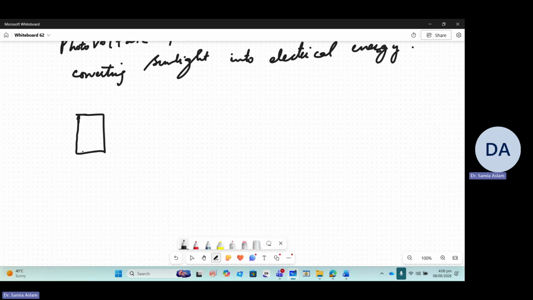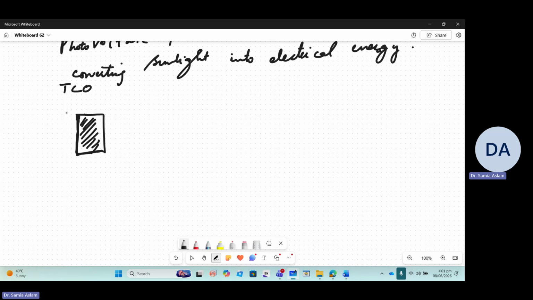We call it a substrate. It is a rectangular type of glass, and it is a conducting glass. We call it transparent conducting oxide. We say oxide because there is an oxide layer coated on one side of this glass, and it can be fluorine tin oxide or indium tin oxide, FTO or ITO.